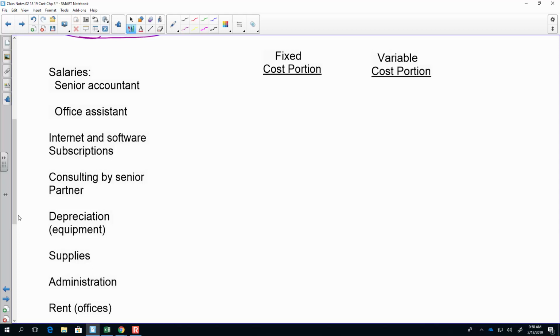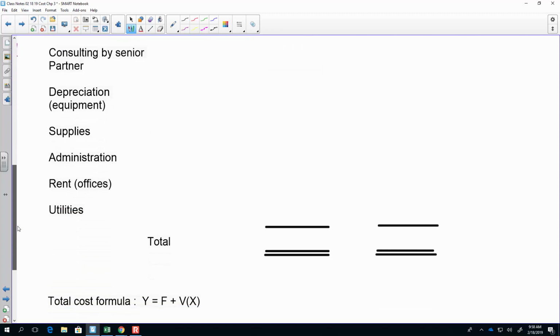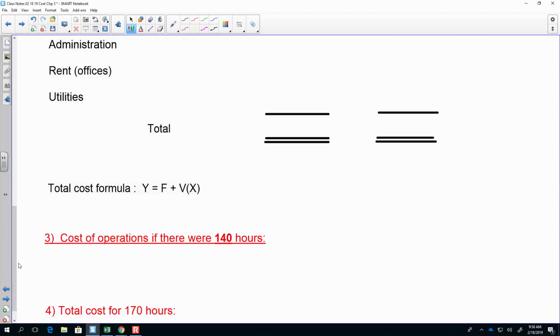If you want to look at the notes from today, it's going to be in that PDF file. But what I want to do is go to the next step. The next question is, okay, I want to know a formula. I want to know my total cost formula.